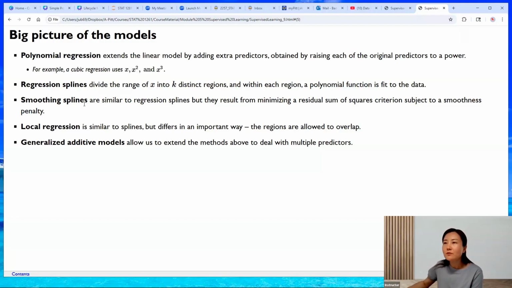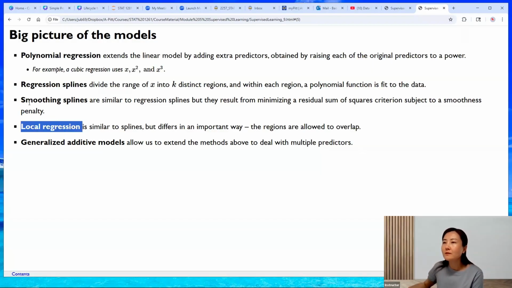And then smoothing splines. This one considers the bias-variance trade-off by adding penalty terms into the loss function so that the curve will be smoother, not so wiggly. And lastly is local regression.